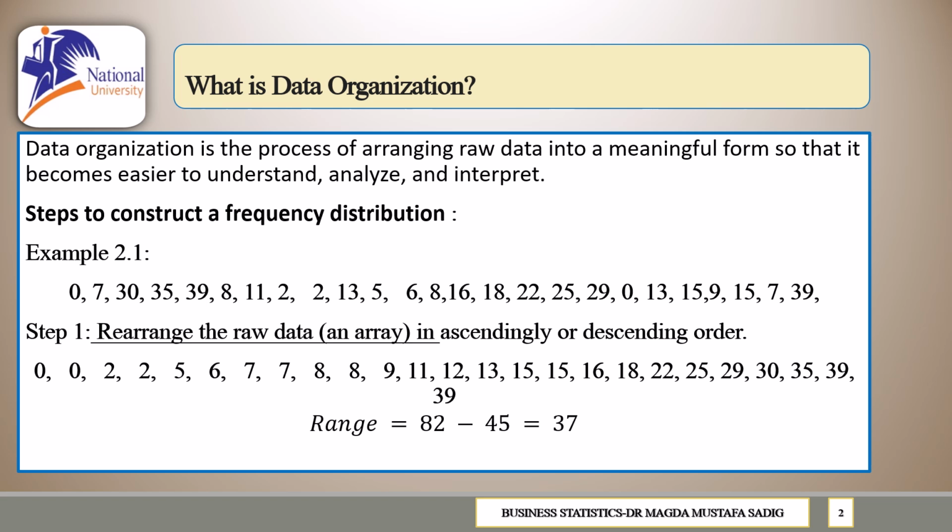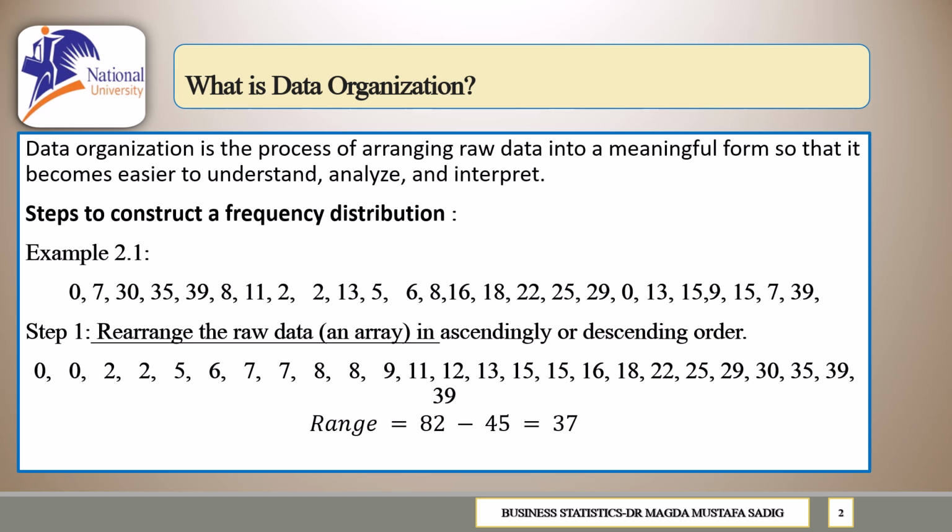The responses may look like this: 25, 41, 18, 30, 22, 45, 33, 19, and so on. Looking at these numbers alone tells us very little. However, after organizing them into groups, patterns become much clearer.